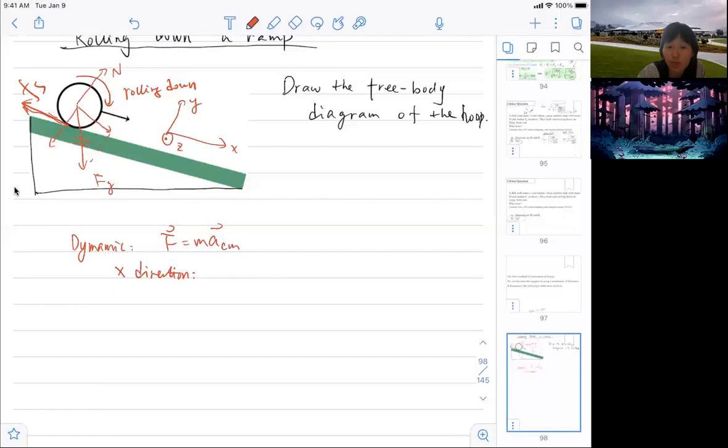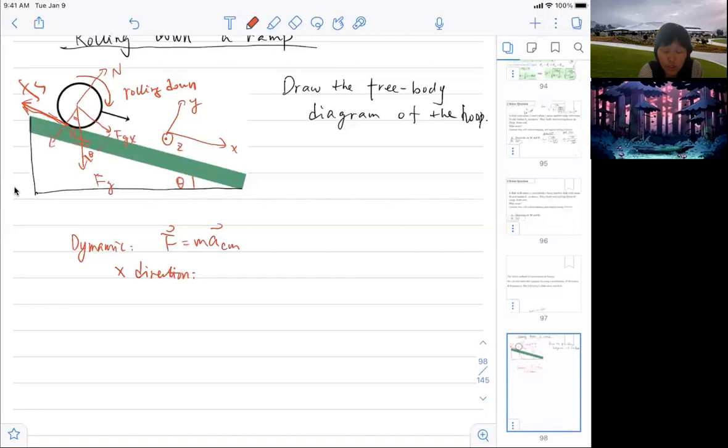So I decompose my gravity, break it down into x and y components. After I do that, I cross out my force of gravity so that these two forces are already accounted for. So this is Fg in the x direction. If this is theta, and this is theta, which means this is theta.